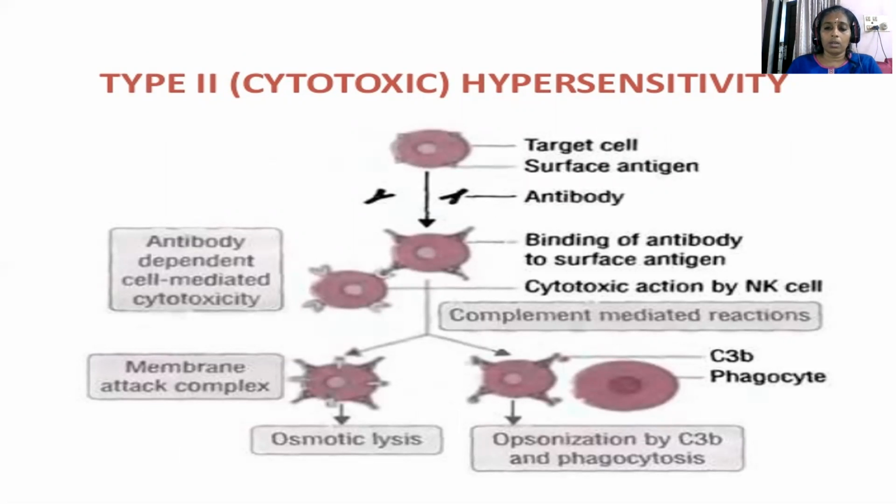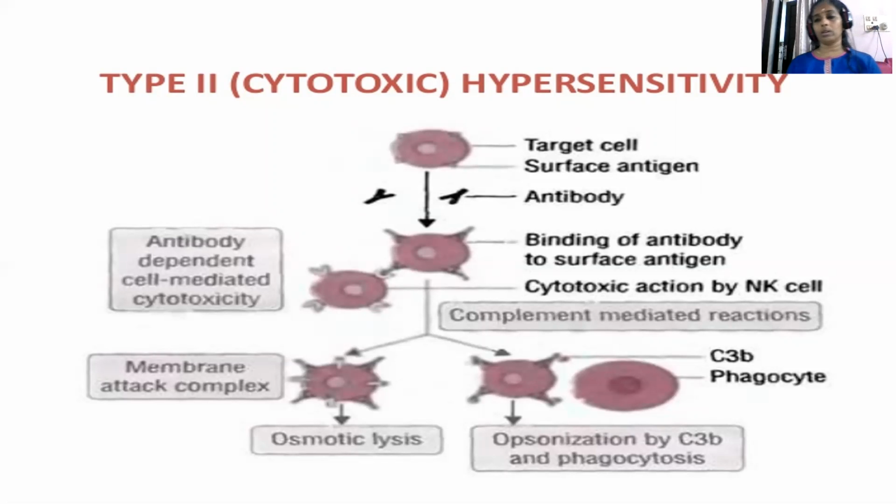So this is the mechanism. Suppose we have a target cell surface antigen, and an antibody comes and binds. Once the antibody binds on this antigen, an antigen-antibody immune complex is formed. That in turn activates the complement system, and this complement system finally produces a MAC complex.